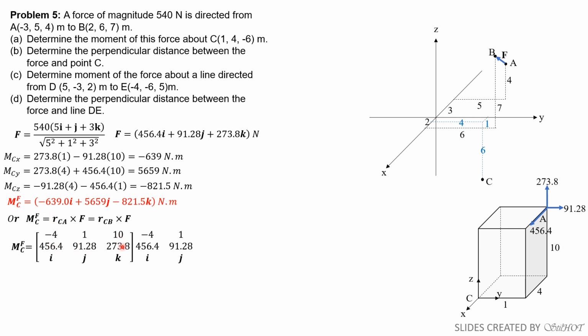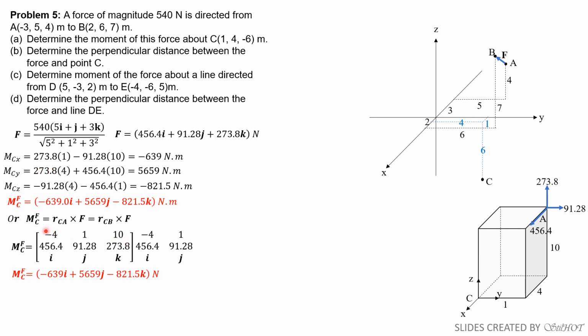Then the components of force, with the unit vectors. Copy the first two column elements, then apply the product diagonal. So 1 times 273.8 minus 91.28 times 10, and you will get the same result. For J, 10 times 456.4, minus 273.8 times negative 4, so plus, which gives 5659.